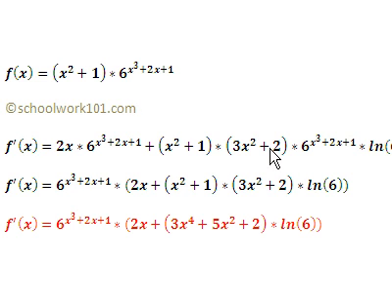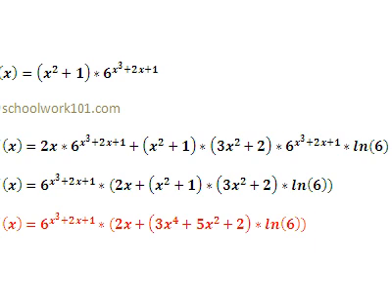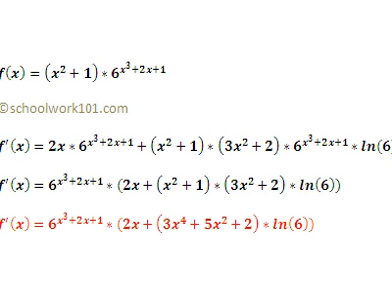Means you take the derivative of the exponent, you bring it out front, rewrite this piece here, the second function, and then remember we need to tack on the natural log of 6. So whatever this base is, we get the natural log of 6. Now you remember when the base was e, if we wrote the natural log of e, you just get 1. So that's the reason we don't even write this.